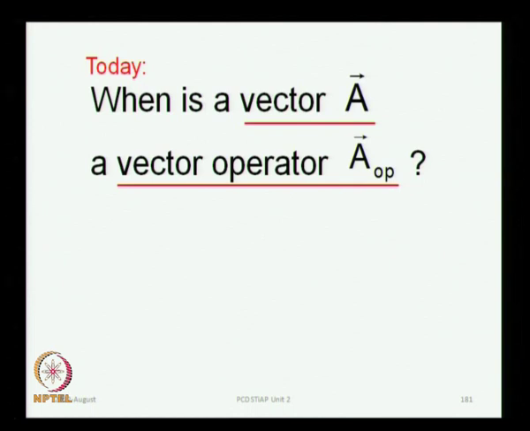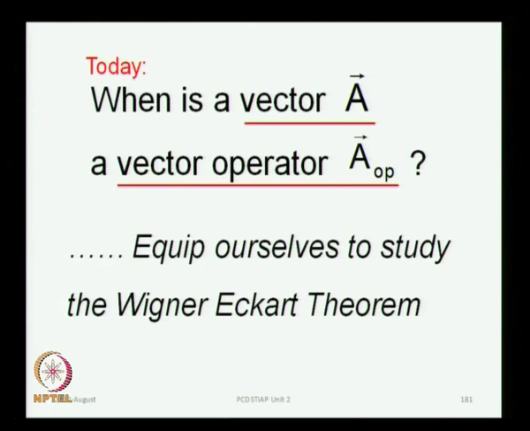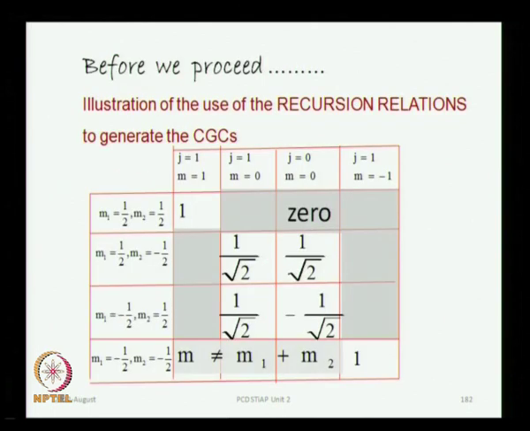There are certain considerations which I will be discussing, and these are some of the things that we need to equip ourselves with to deal with the Wigner-Eckart theorem. These are some of the questions that I want to discuss in today's class, but before I do that I will illustrate how the recursion relations are used, so that you go from one coefficient to another one.